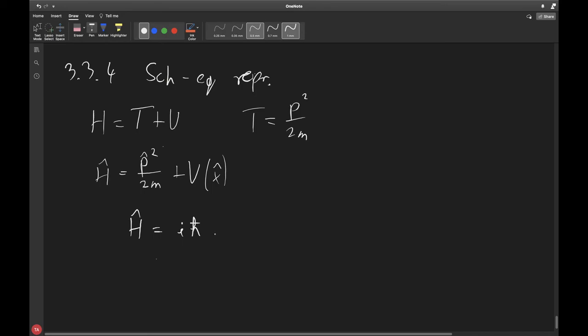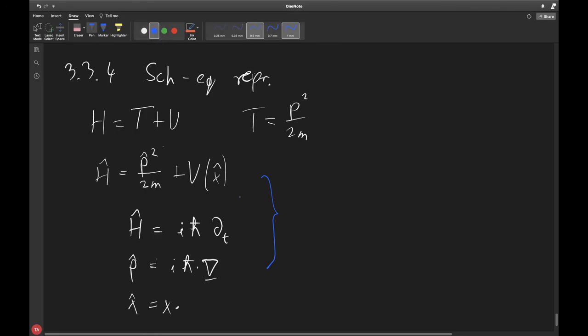So that was the ih, the derivation by time. And we also discussed that the p was the ih and derivation by all the space, which was denoted with the nabla. So let's just plug these things in here and get that, well, okay, maybe I should say that x was multiplying with x.